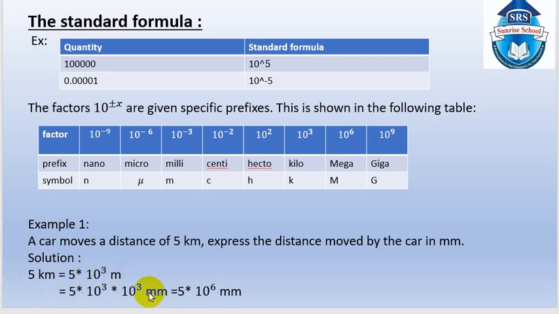We write millimeter, so we divide the number by the value of millimeter, 10 power negative 3. Divide 5 times 10 power 3 by 10 power negative 3. The value becomes 5 times 10 power 3 times 10 power 3, equal to 5 times 10 power 6 millimeters. Is it clear?